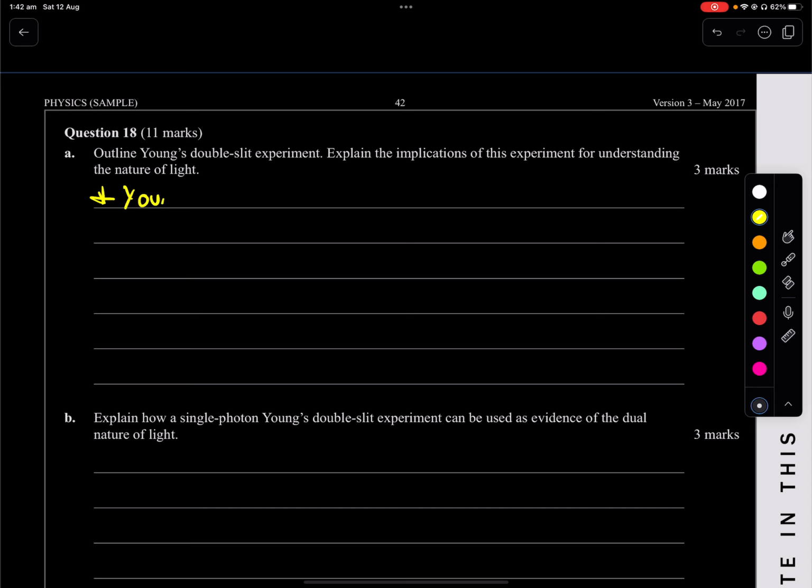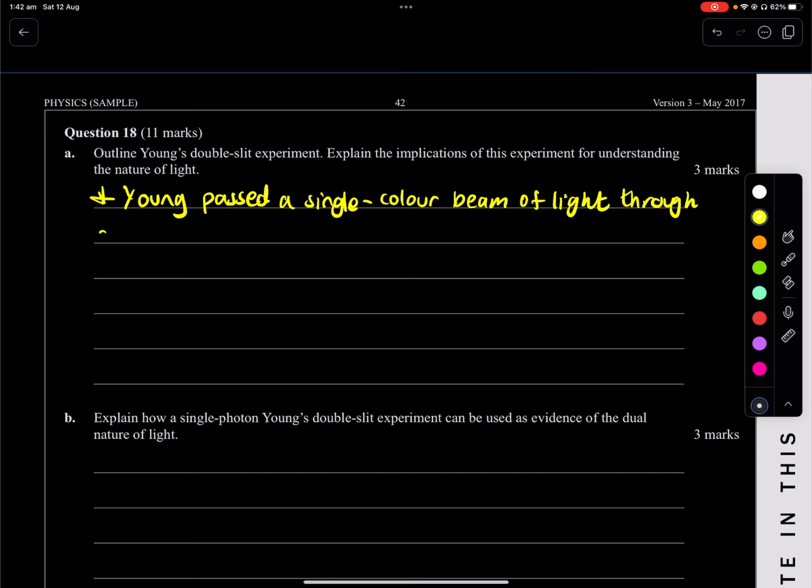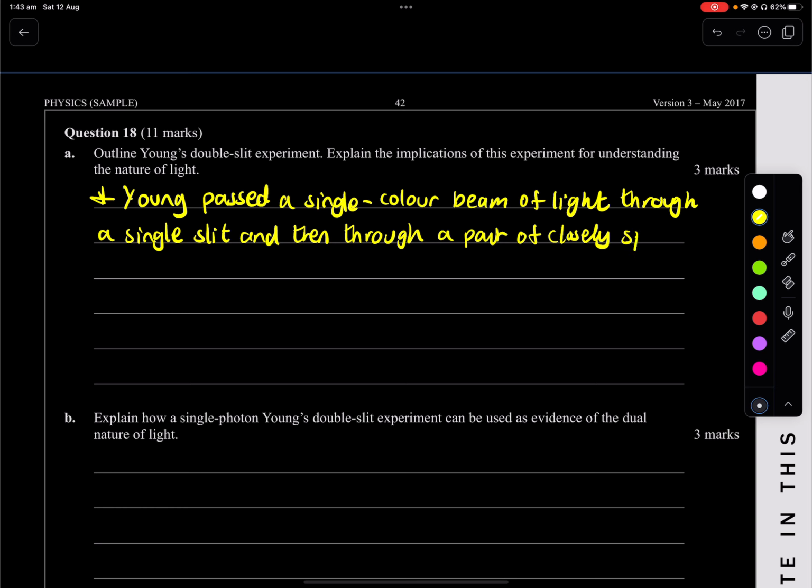So what Young did: Young passed a single color beam of light through a single slit, and then through a pair of closely spaced slits.